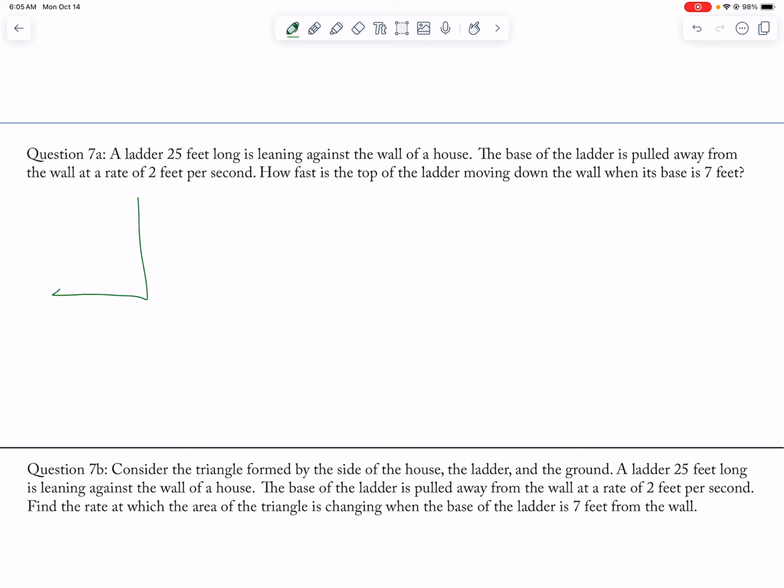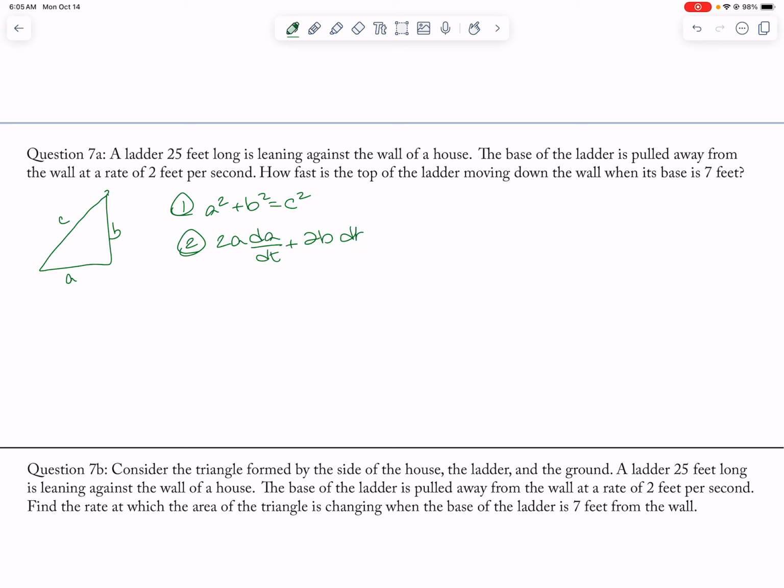Remember, Pythagorean theorem. So I'd have a squared plus b squared equals c squared. That's my first step. My second step is 2a dA dt plus 2b dB dt equals 2c dC dt.